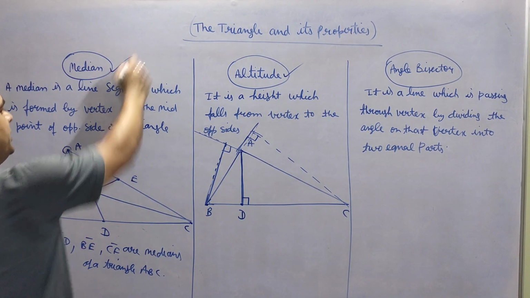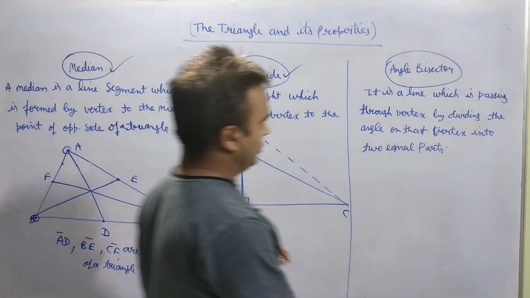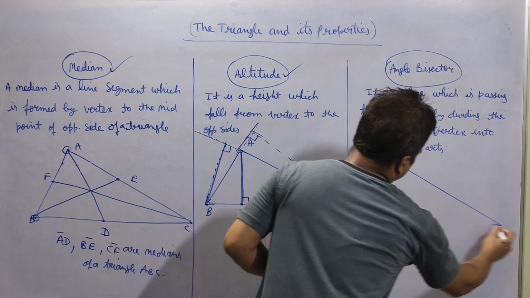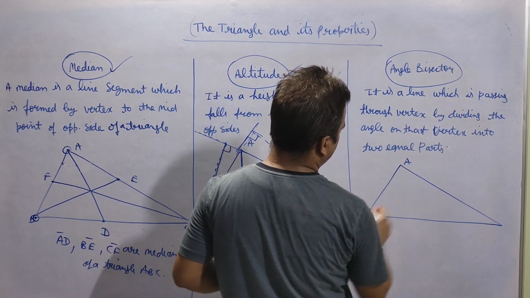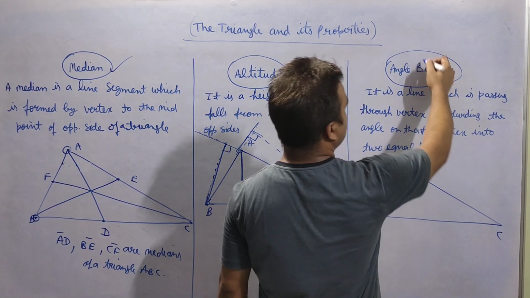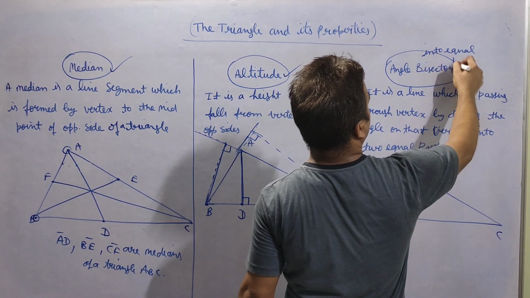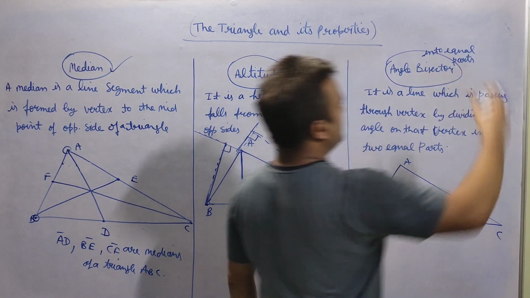If you are talking about median, you have to see the midpoint only. Angle bisector is related to angle and bisect. Bisect means in two equal parts. Bisect means make it half.